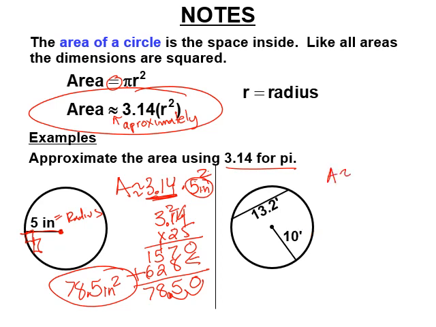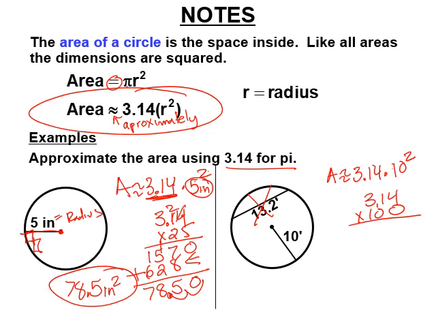So the area is approximately 3.14 times the radius. Well, which one of those is the radius? It's the 10. This is the chord. We don't use that. So it's 10 squared. So it's 3.14 times 100. Now you could do all that work there, but let's also remember a shortcut we learned.